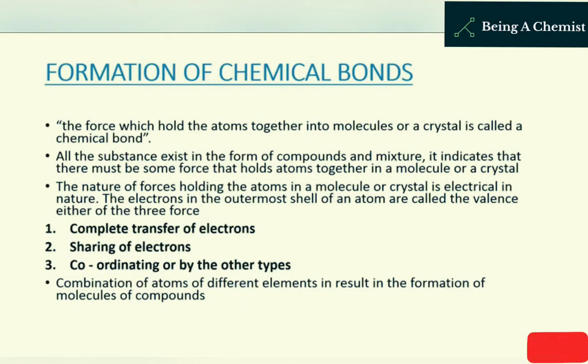As we all know, atoms combine and form substances. So there is a force which plays a role in the formation of those substances. The force which holds the atoms together into molecules or a crystal is called a chemical bond. So that force which is holding the atoms together is known as chemical bond.